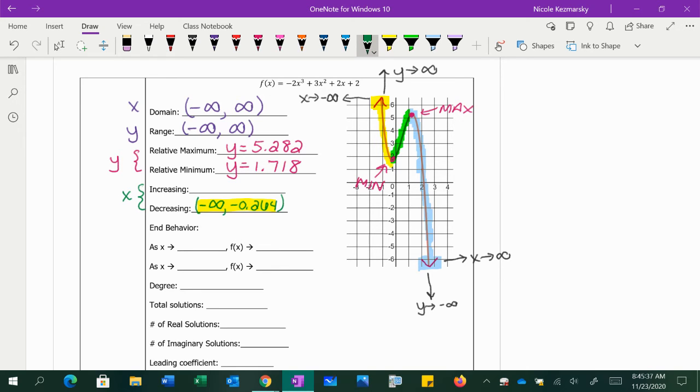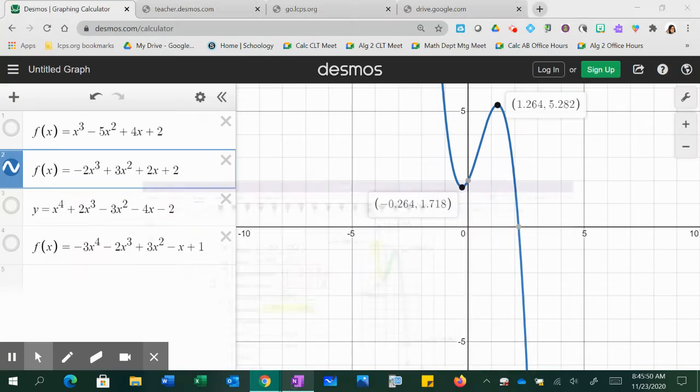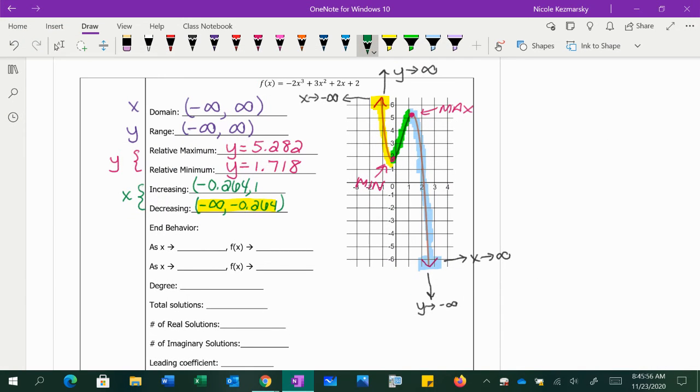And so the green region starts where the yellow region stops, which means we start increasing at negative 0.264, and we continue to the max, and the max is 1.264. And so that was the green section of the graph.